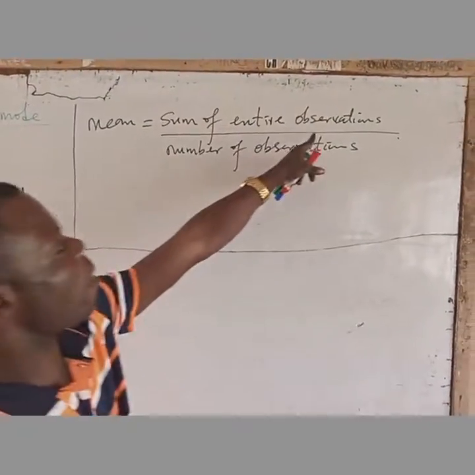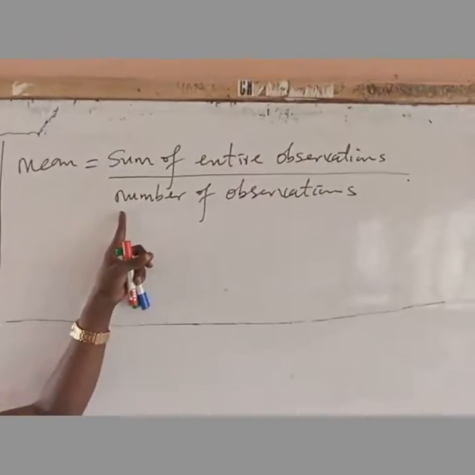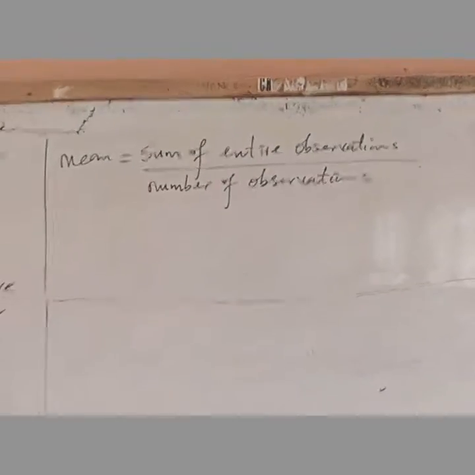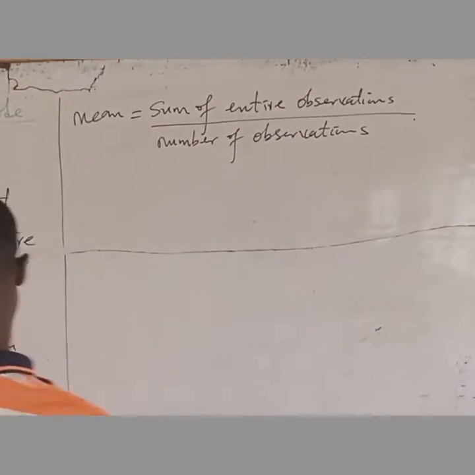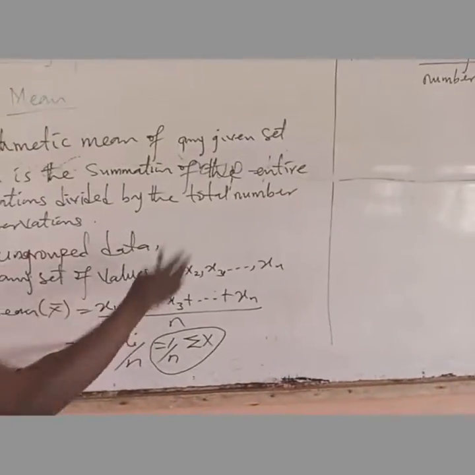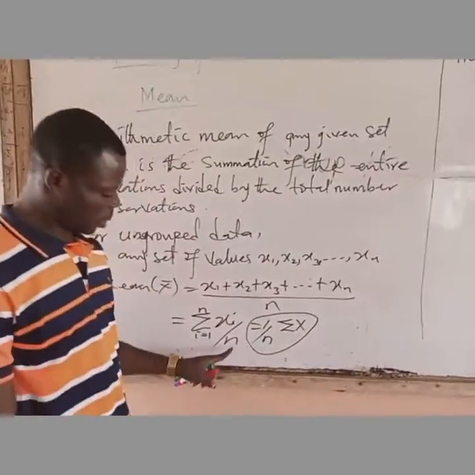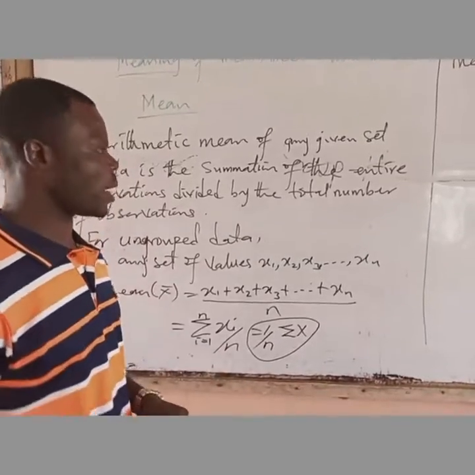Sum of entire observation all over number of observations. So the sum is this summation x. The number of observations is n.